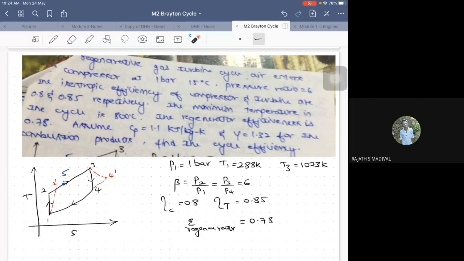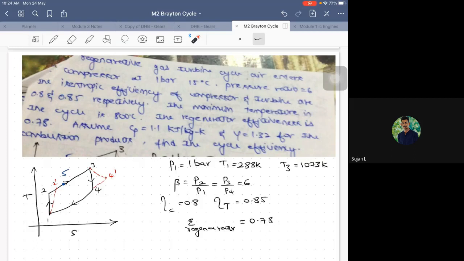What necessary changes do you have to make in the TS diagram? Extra state. So you have to incorporate an extra state 5 in between 2 dash and 3. That is the primary change that you have to make.